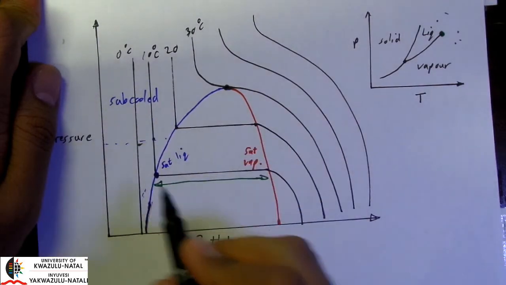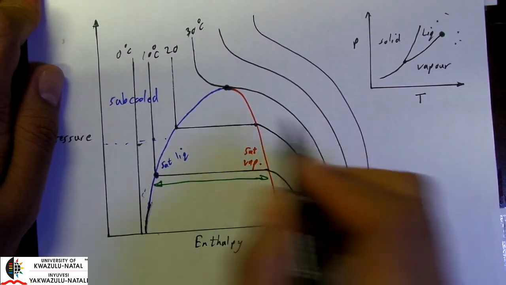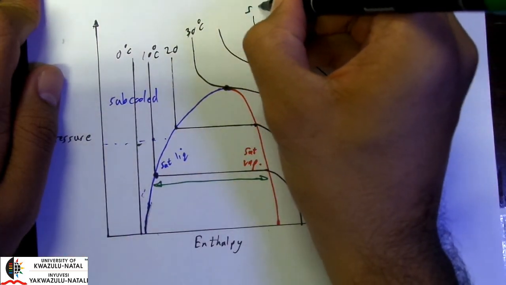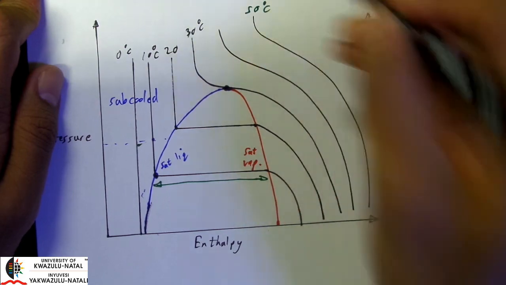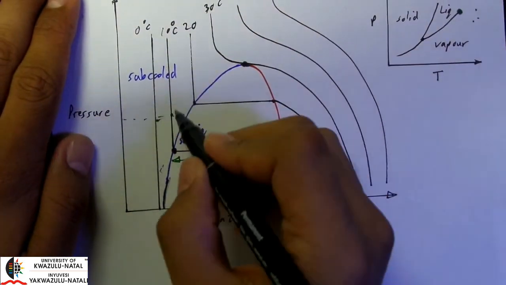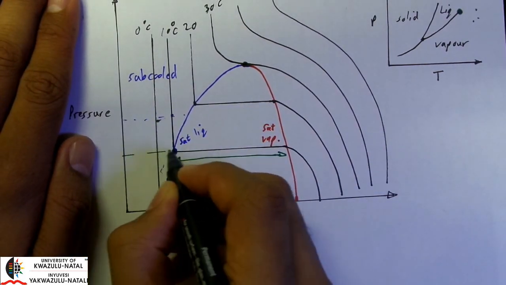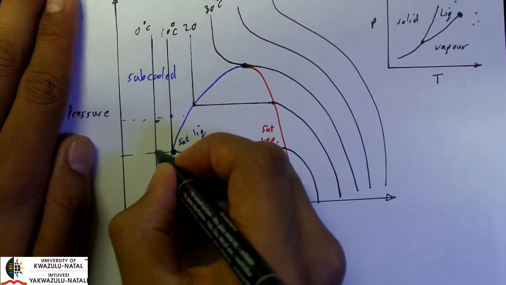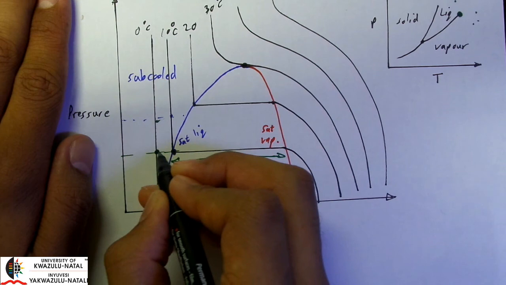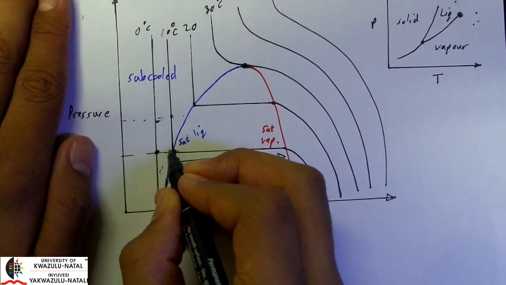Okay, so if we have to heat up a compound, for example, from 0 degrees up till maybe, let's say, 50 degrees, what would actually happen? Okay, so if we are heating, let's say if I want to operate here and keep the pressure constant, we will have a sensible heat to heat up our liquid from 0 degrees to 10 degrees.